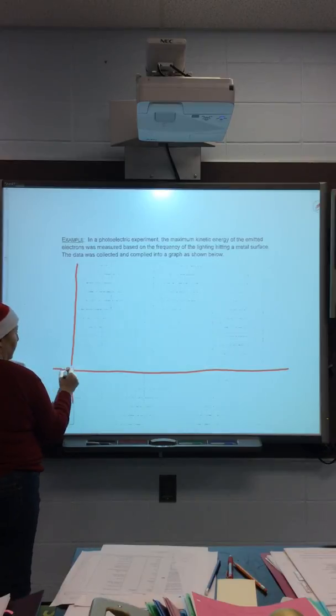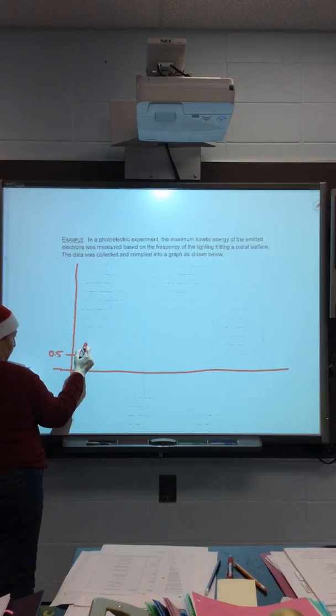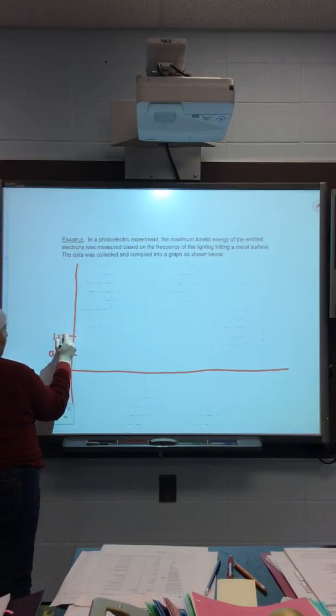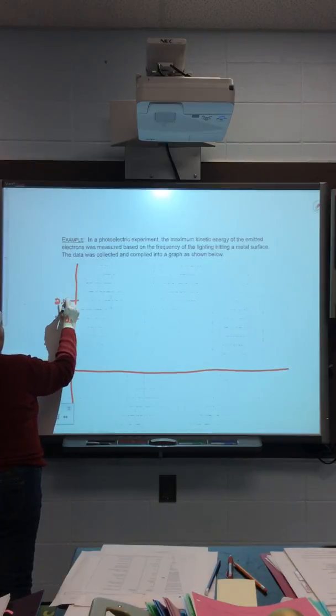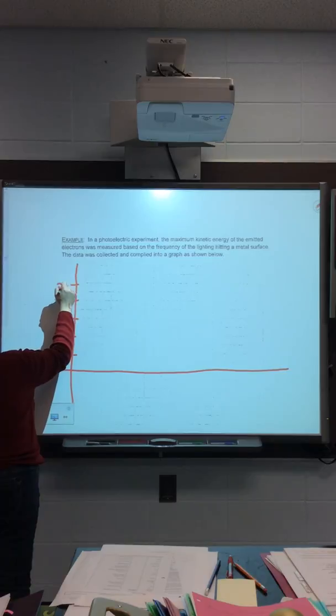So here's 0, and then if you go 2 squares, you're going to be 0.5, 2 squares, 1.0, 1.5, 2, and 2.5.